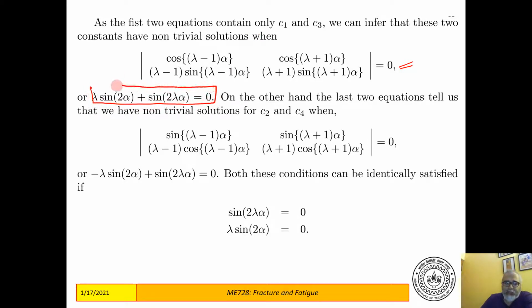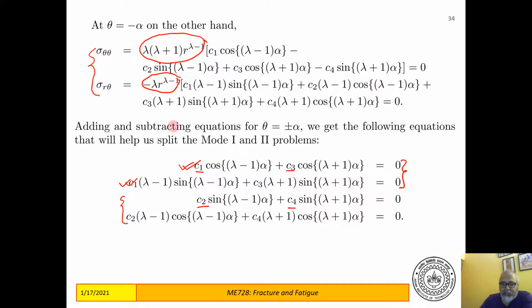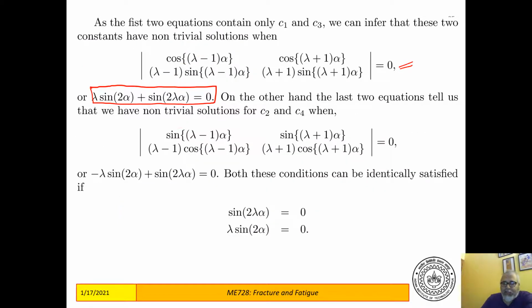You should try out the steps. So this leads to this equation if you carry out this determinant. On the other hand, take the last two equations here, C2 and C4. We don't want them to be both 0. If they are not, then this determinant has to be equal to 0, and this determinant leads to this equation.